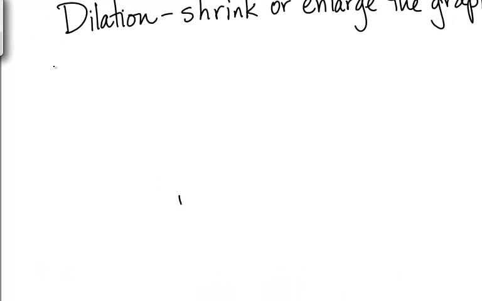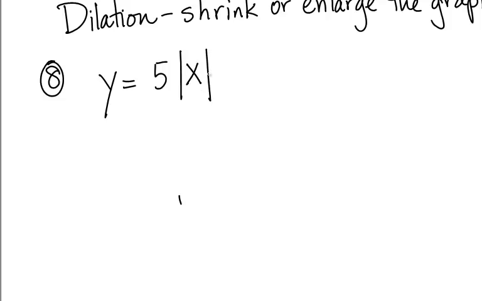So number 8 is take our parent graph and put a number larger than 1 on the outside. So in y sub 2, we need to insert a 5, delete that negative sign, so you get 5 times the absolute value of x. So graph the original. Now, what that did is a vertical stretch. If it stretches it this way, doesn't it take that V and make it closer together?